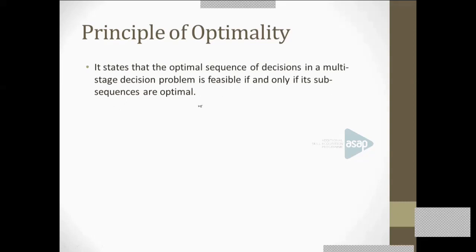That means if we say that some algorithm we have designed produces the final global optimal solution, then it should also produce, okay, we will be conquering the final problem by sub-problems, and the sub-problem answers should also be optimal. Sub-problem sequences should also be optimal.